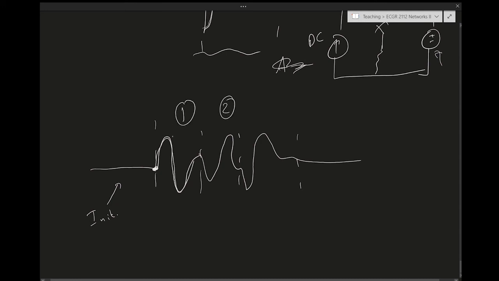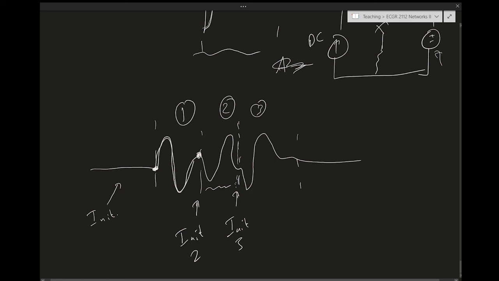Then, since we know the response in this region, we can solve for the initial condition here in region 2 and use that to solve for the transient in region 2. And because we know the transient in region 2, we can solve for the initial condition at this interface at this point in time and use that to find the transient in region 3.